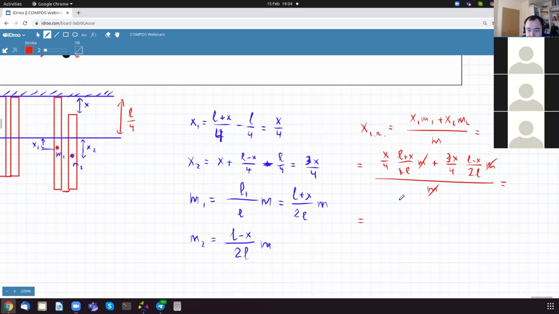It's going to be X over 8L, which can be taken out of the bracket. And L plus X plus 3L minus 3X, so we get 4L. So X over 8L times 4L minus 2X.